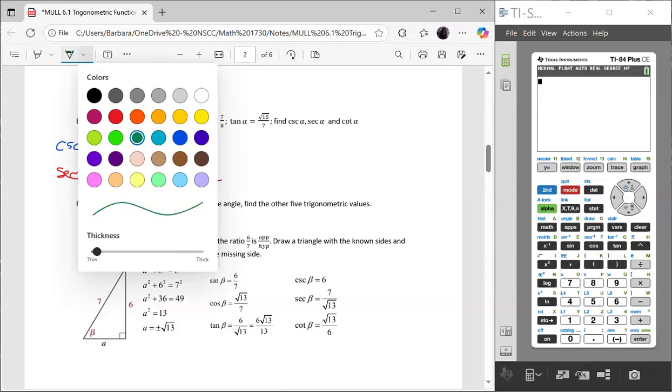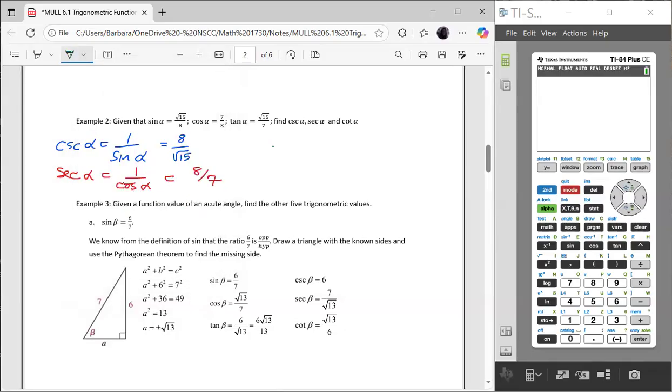And then to find the cotan of alpha, we take the reciprocal of tangent alpha, which is 7 over square root of 15. I did not go further and rationalize the denominator, but you can do so by multiplying by the square root of 15 over the square root of 15, and you get 7 square root of 15 over 15.